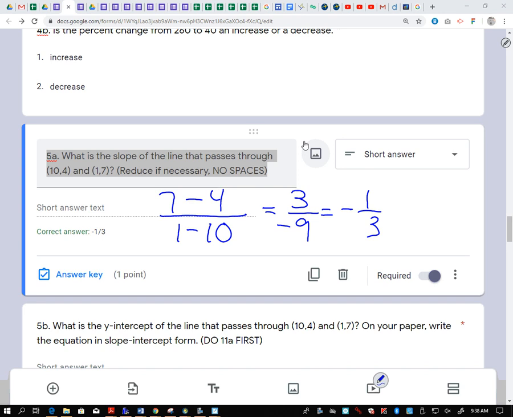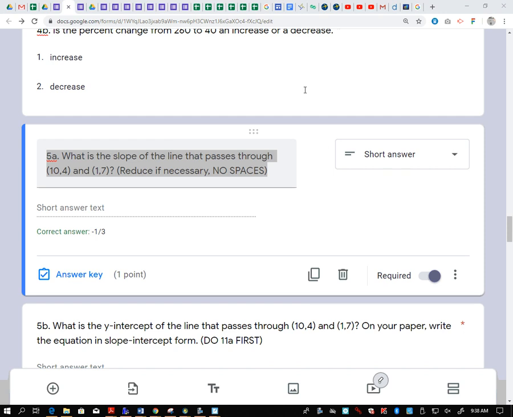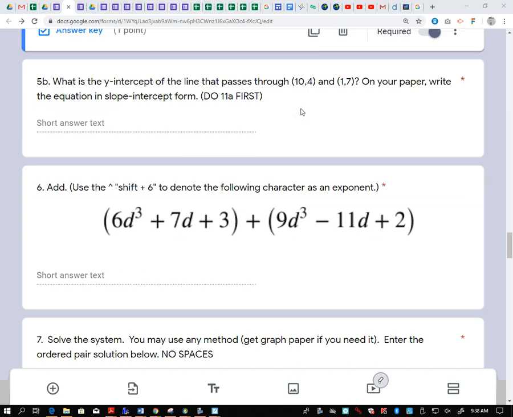So you've seen 2 questions so far where you're going to need to use that slope formula. That means to me that that's something I want to study quite a bit before Tuesday. Okay, let's look at 5B. What is the y-intercept of the line that passes through 10, 4, and 1, 7? On your paper, write the equation in slope-intercept form. Now it says do 11A first. What is 11A?